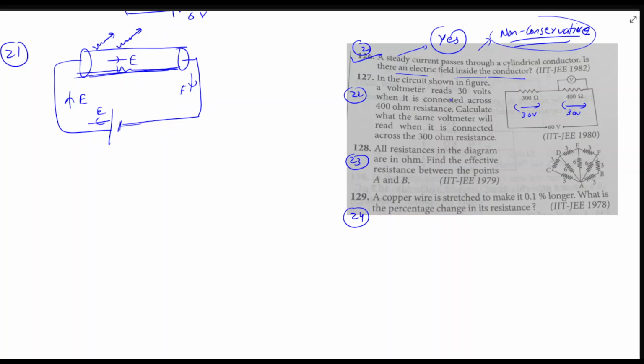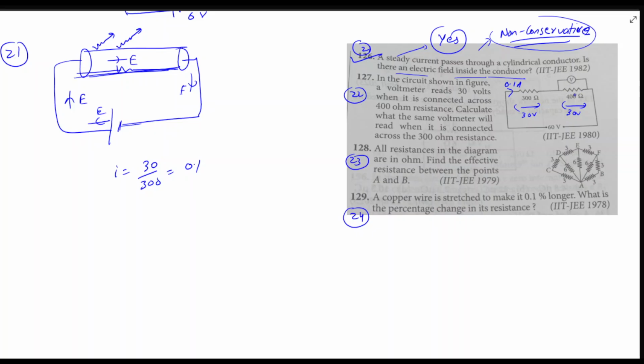So from this first information, we'll find the resistance of this voltmeter. So if this is 30 and this is 30, the current will be V by R, 30 upon 300. So it will be 0.1. So the current is 0.1 going here.